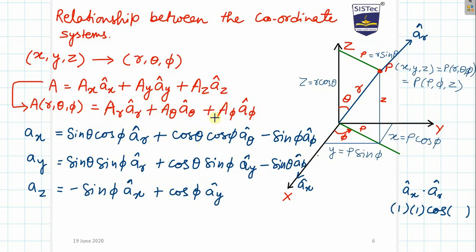This can also be represented in terms of a matrix. How can it be represented?